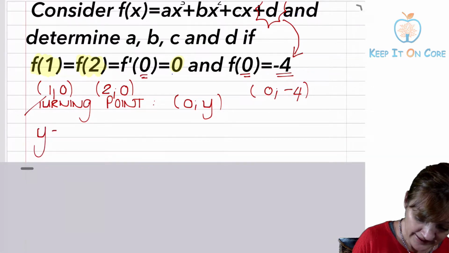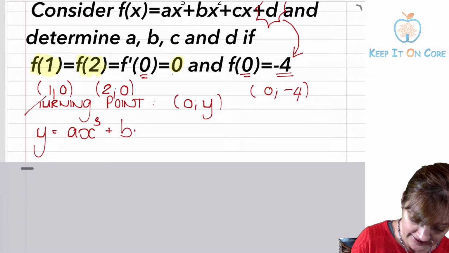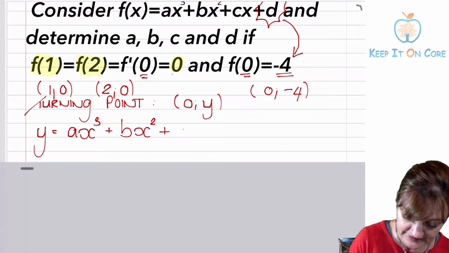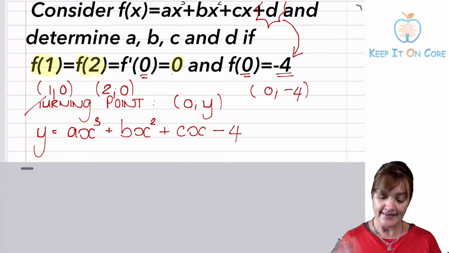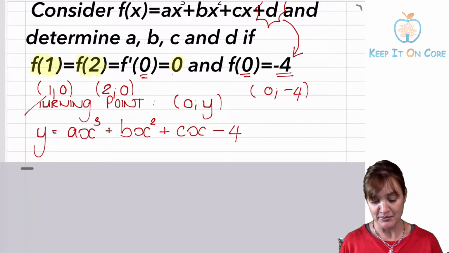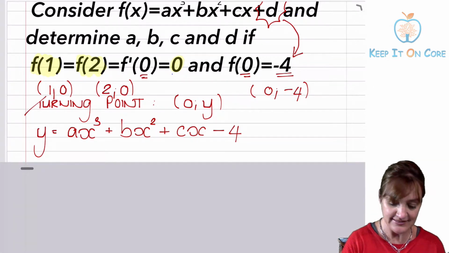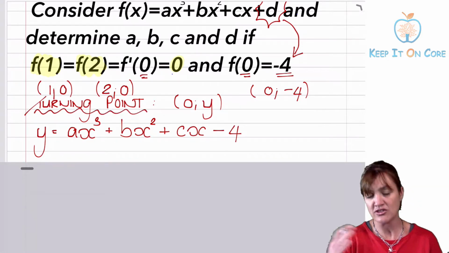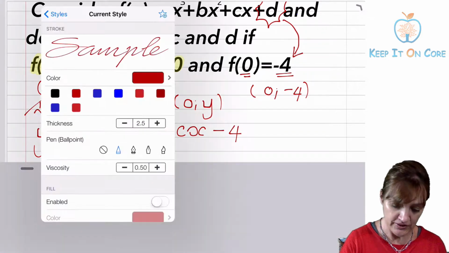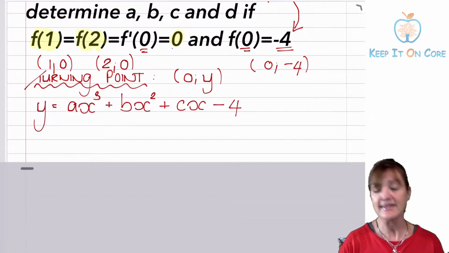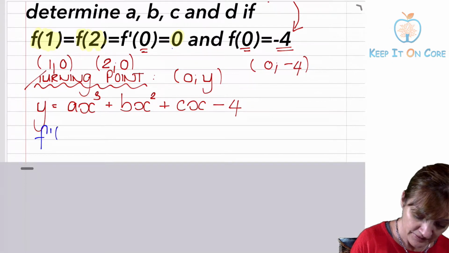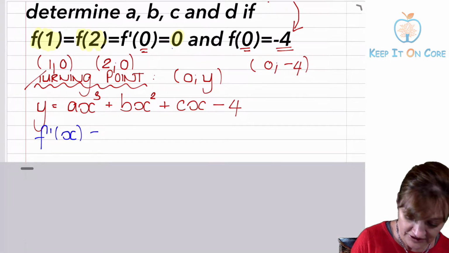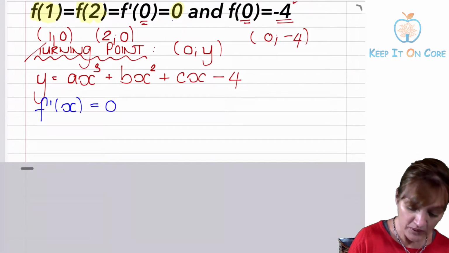So we're going to say y is equal to ax cubed plus bx squared plus cx minus 4. And now we've got to start the process of finding the other variables. I think the best place to start is to work with the fact that we have this turning point. That requires us to take the derivative equal to 0. So I need to make the derivative of your function equal 0. What is the derivative?